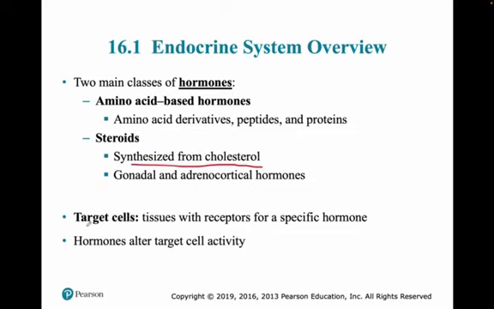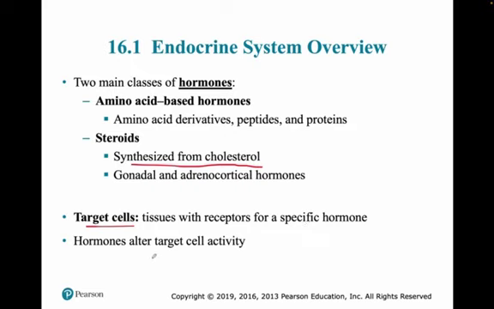Now hormones, doesn't matter what kind of hormone it is, will have target cells, which means they will be produced at one location and go and bind to the receptor of their target cell. One particular type of hormone will have one type of target cell. It's not going to affect anything else, only its target cell.